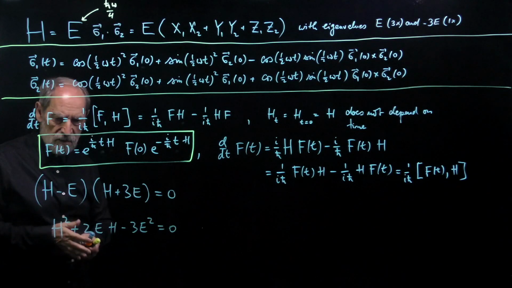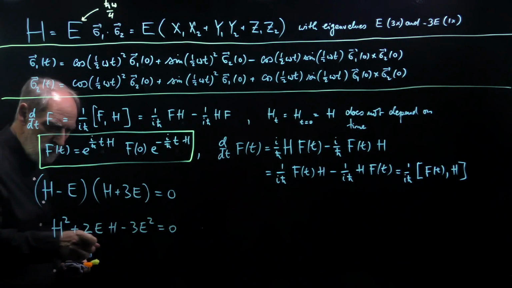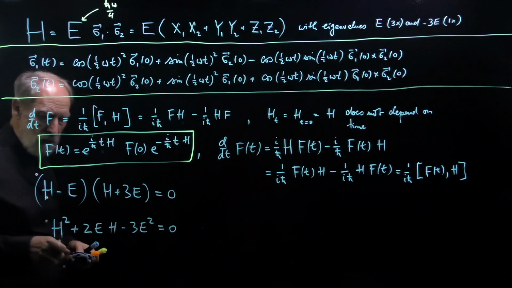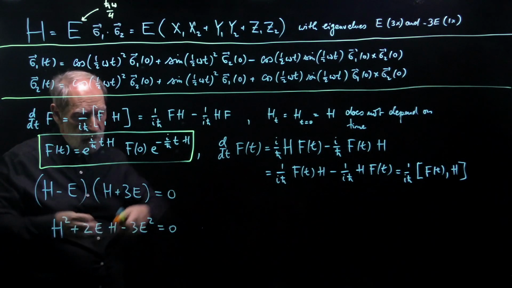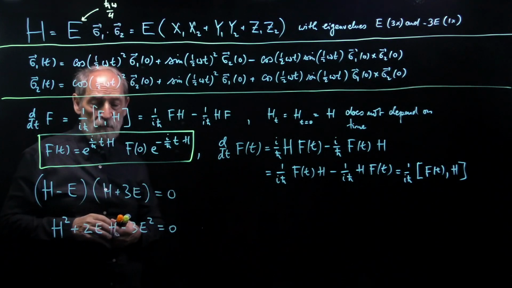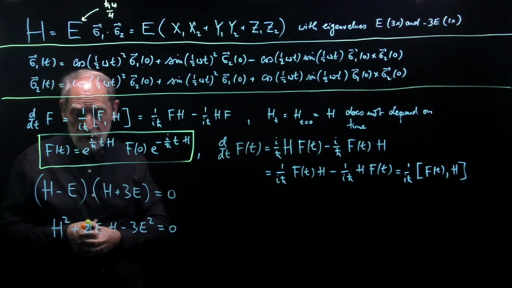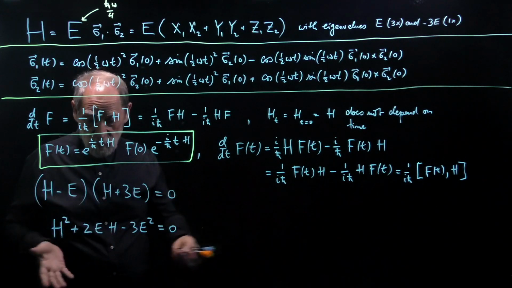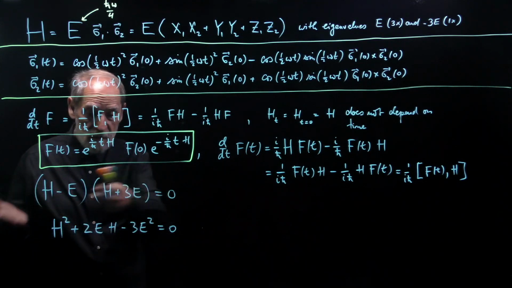Well, this says that the square of the Hamilton operator is equal to the negative of these two terms. The square of the Hamilton operator is the identity and the Hamilton operator itself with some numerical coefficient. So this is similar to one of those sigma operators. Any product of sigma operators is a linear combination that involves the sigma again with numerical coefficient. So it's very similar to that.